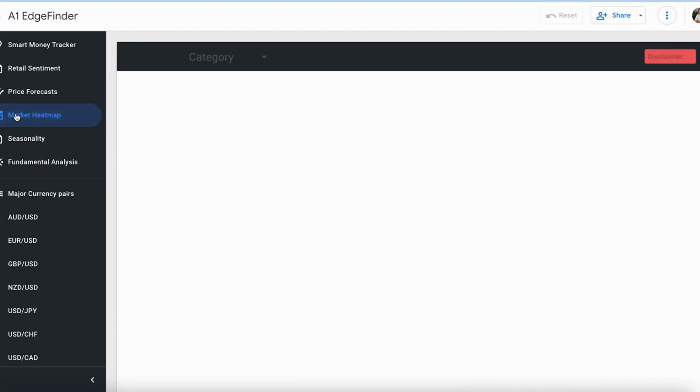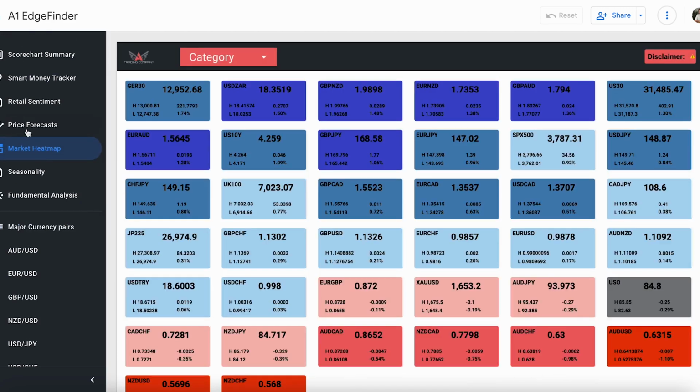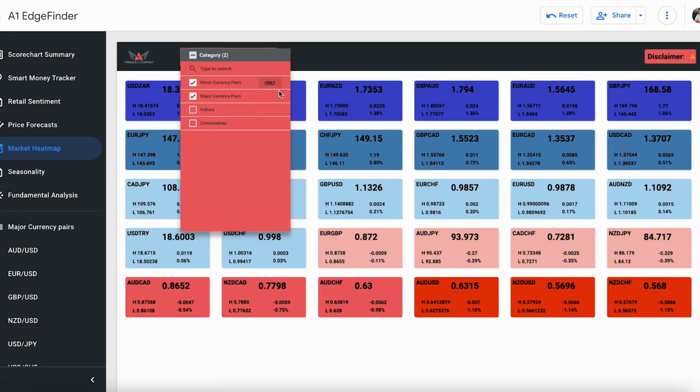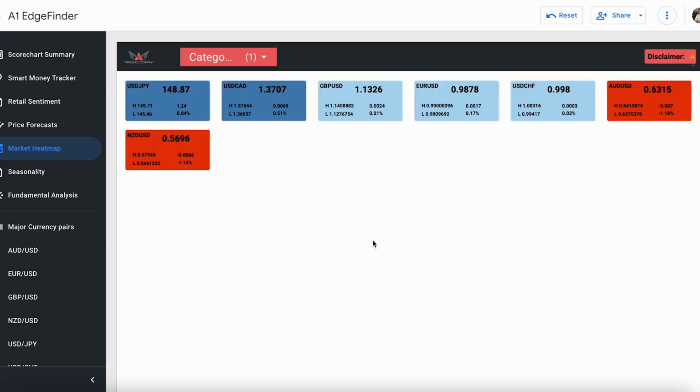We can actually check that in the market heat map. And let's see, let's take away our indices and commodities. And in fact, we're looking at GBP USD, so we can select major currency pairs only. And it has.